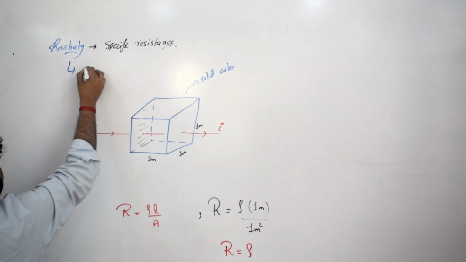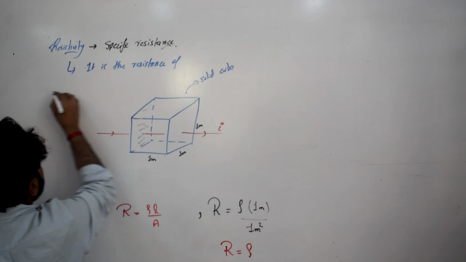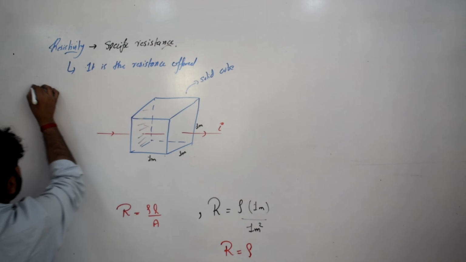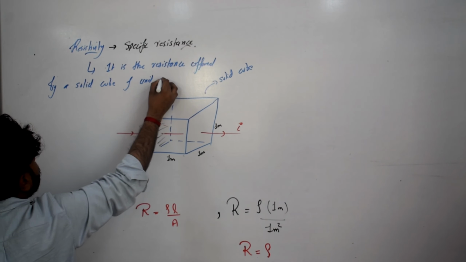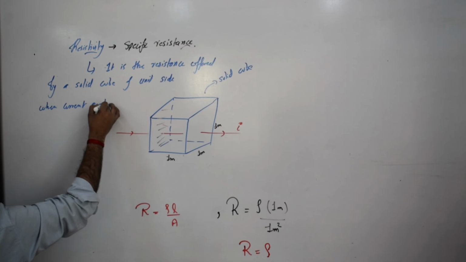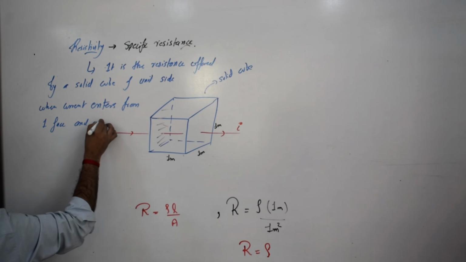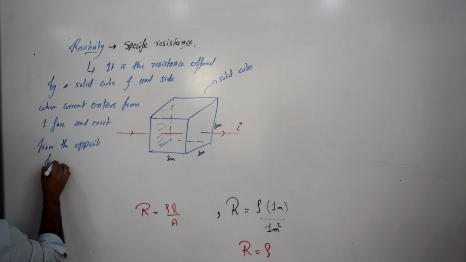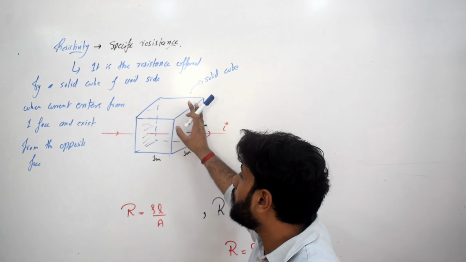So what is our resistivity? It is just the resistance offered by a cube when current enters from one face and exits from the opposite face.